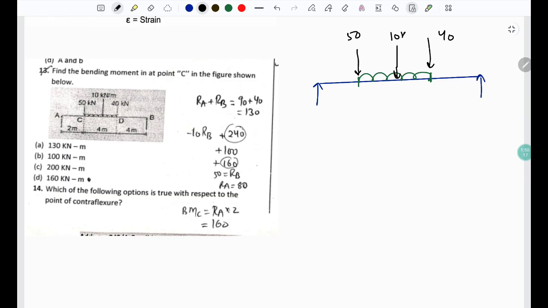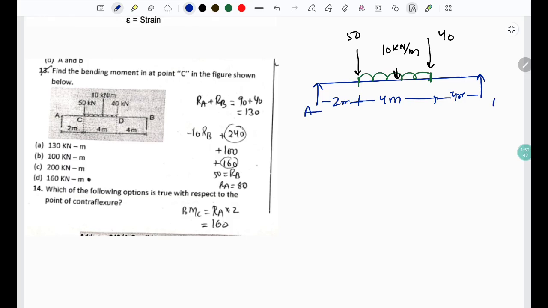Sorry, this is not a point load actually, this is the UDL only, 10 kilonewton per meter, and the distance is 4 meters. This is 2 meters, and this is also 4 meters.